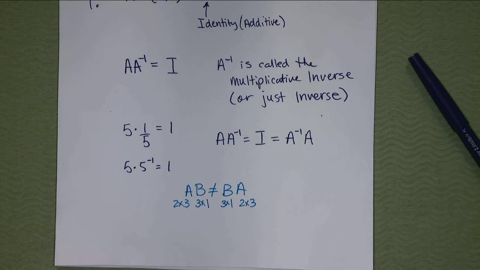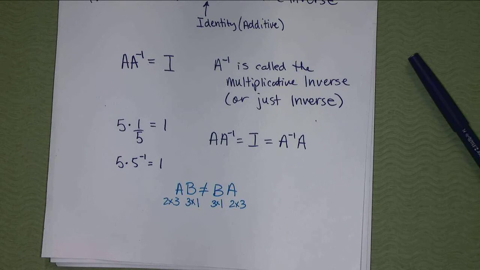A square matrix, right? A square matrix, when you multiply by another square matrix of the same size, will always be able to multiply the other way. It won't always give you the same answer unless they are the inverse of each other.